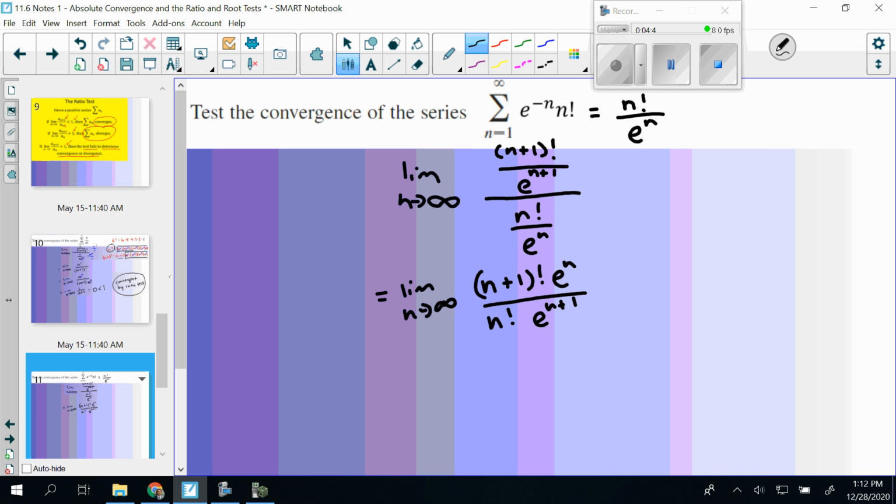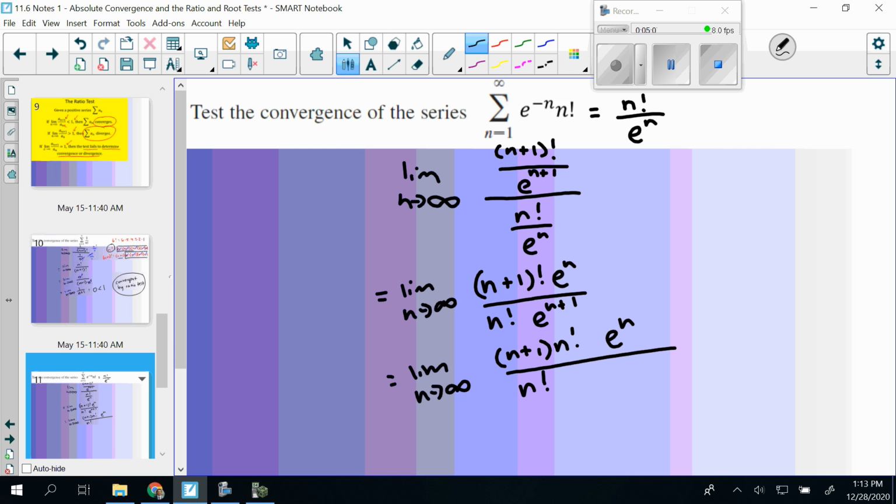All right, so now with our factorial, we're going to use that same trick we used in our last one. It's not really a trick, but just a mathematical equivalent, that this top one would be the same as n plus 1 times n factorial, and on the bottom we still have that factorial, with our e to the n. We're going to leave that one.